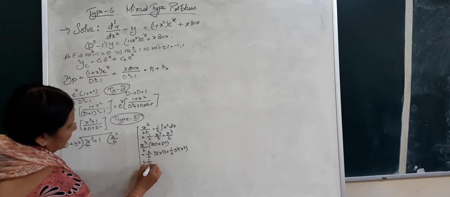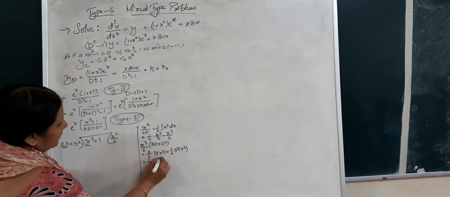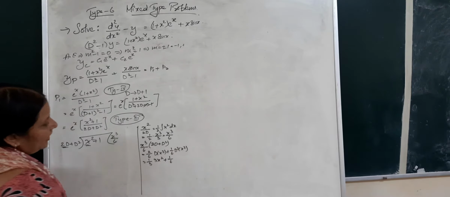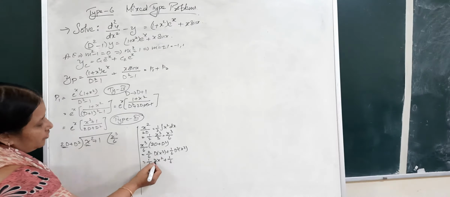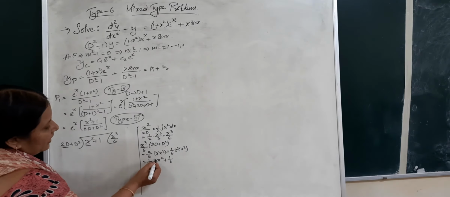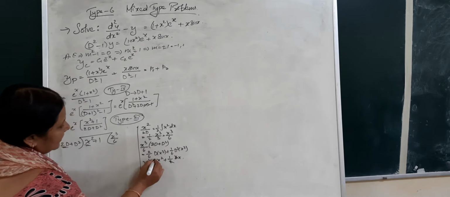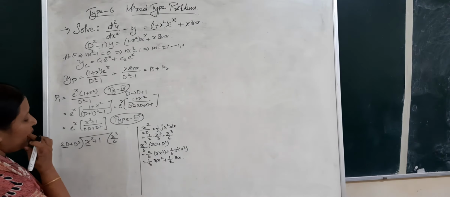That is 1 by 3 times the first derivative of x cube, which is 3x square, plus 1 by 6 times the second derivative of x cube, which is 3 into 2, that is 6x. So 6 gets cut, 3 also gets cut. You get x square plus 1x.